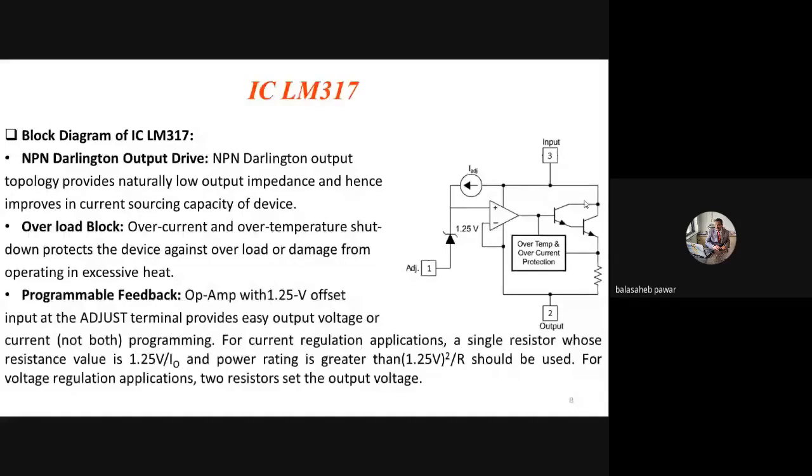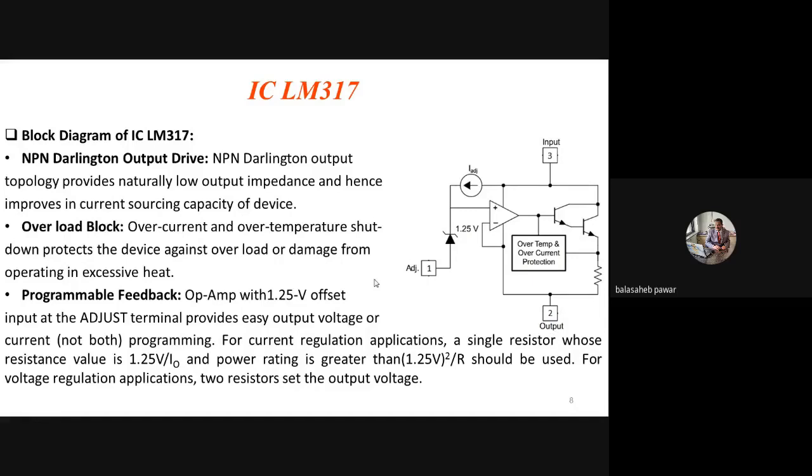There is also some extra circuitry to protect this IC from over temperature, over current, under voltage, etc., and one current limiting resistor between the output of the Darlington pair and the output terminal of the IC.